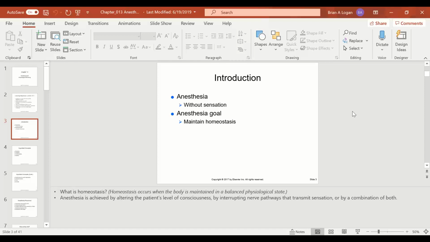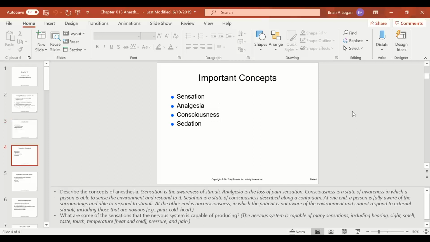Keep that body in that balanced physiological state. And then we can alter their level of consciousness by disrupting neural pathways. We can knock them out and numb areas so they don't have to feel what we're doing.